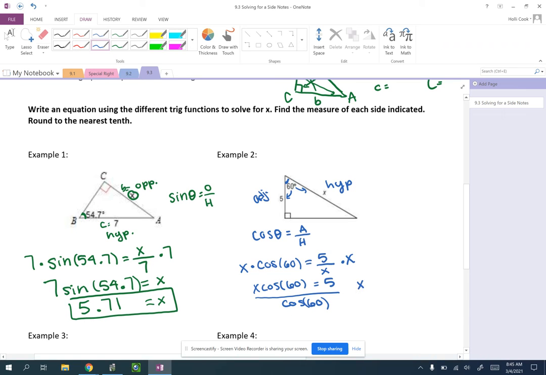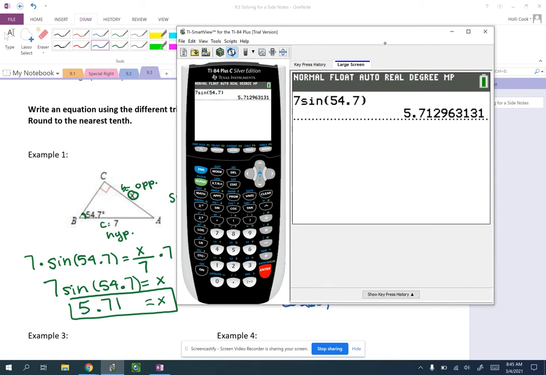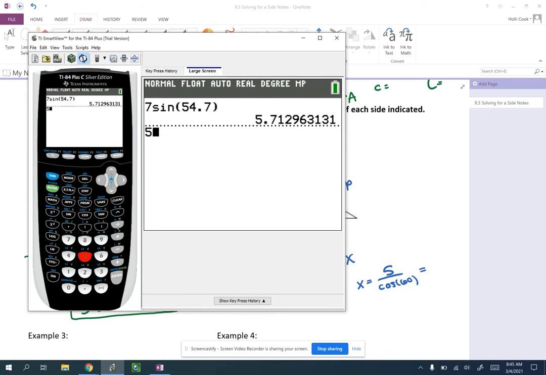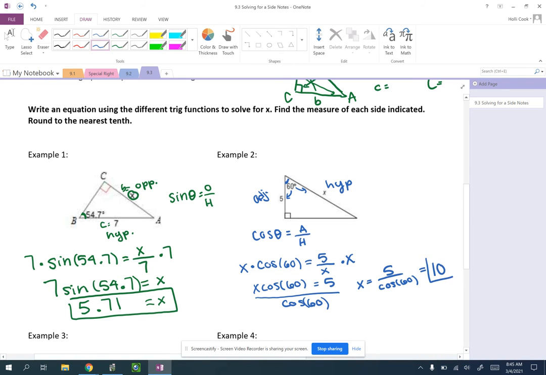So our x is going to equal 5 over cosine of 60, or we're going to go back to our calculator and type in 5 divided by the cosine of 60. Okay, and that gives us 10. So our x is 10.